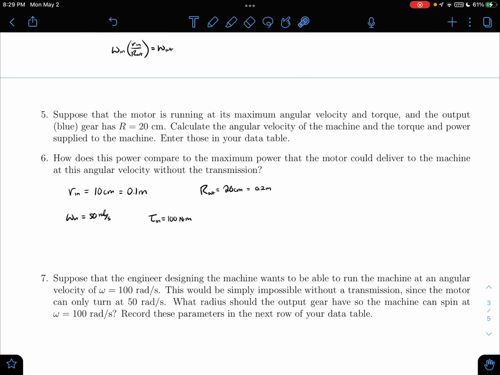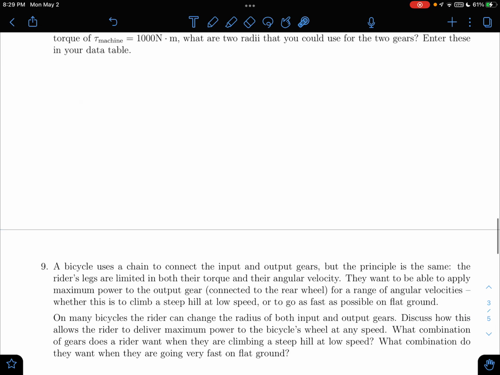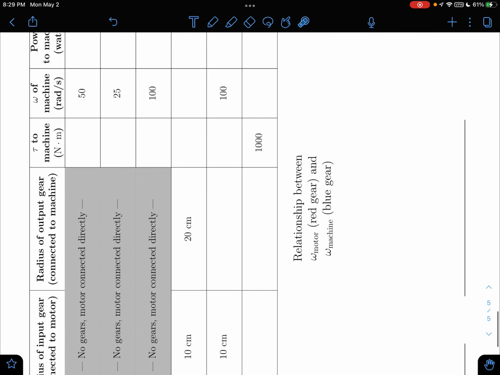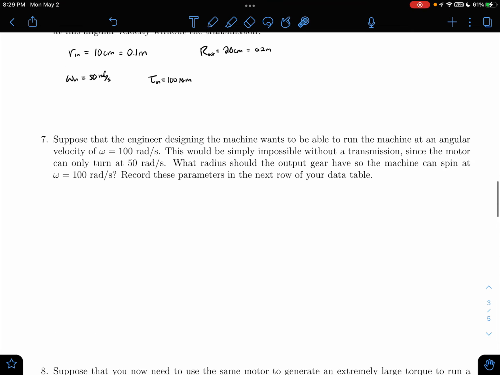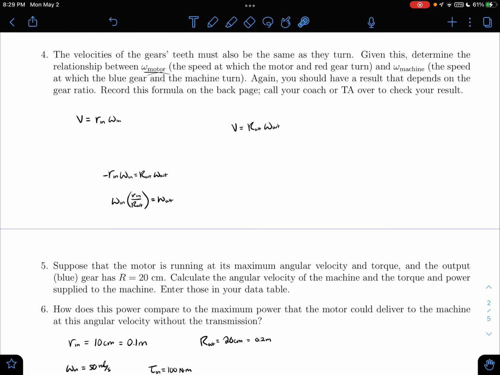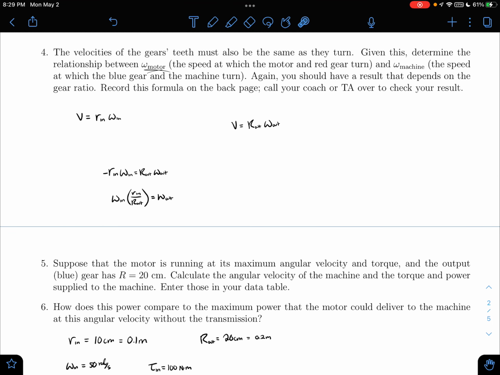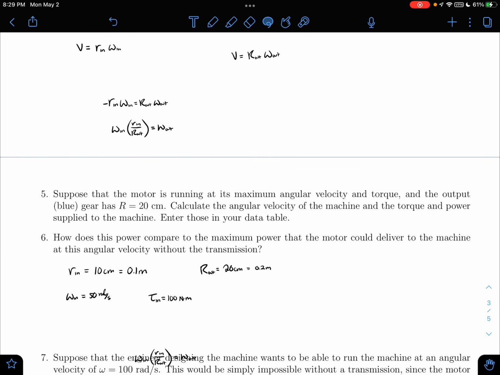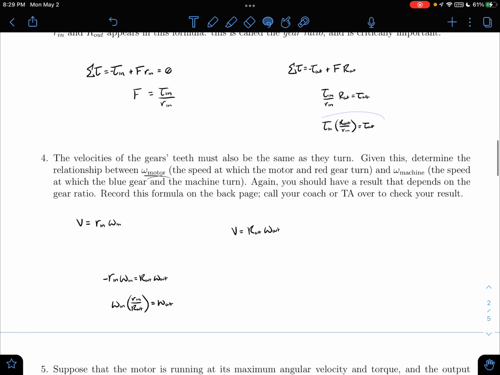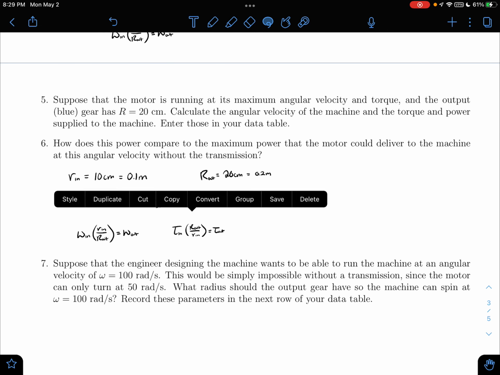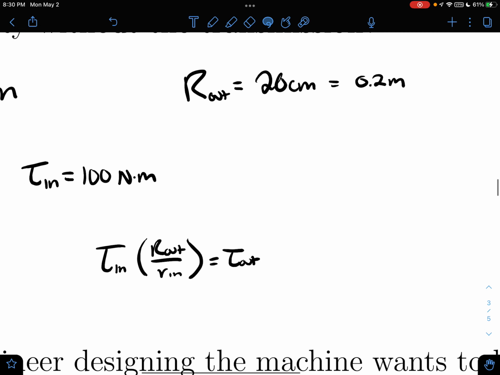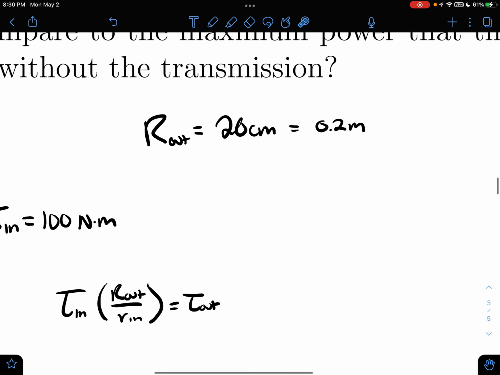And we have our radius in and our radius out. So we get to use the relationships that we just wrote down, because we have the input and the two radii, so we can get an output. So if I take that equation here, I'm going to go like this, output radius over input.